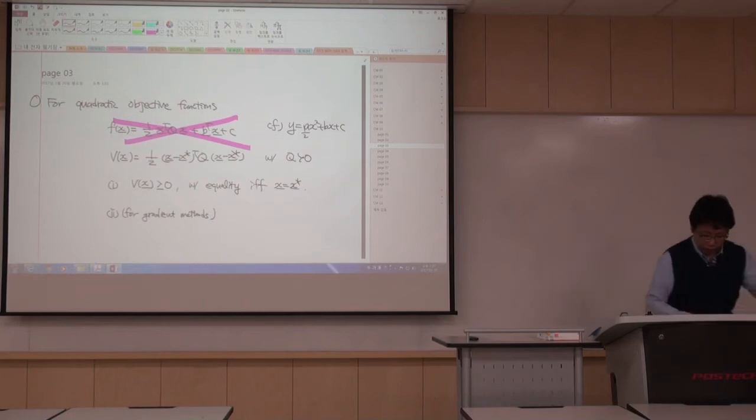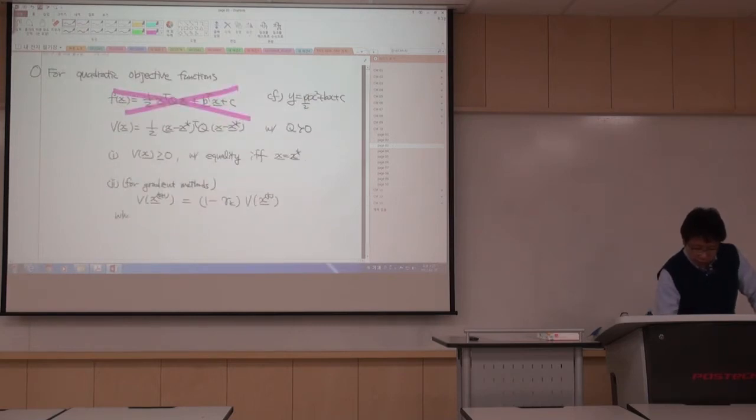Okay. So here, V of x sub k plus 1 equals 1 minus some gamma k times V of x sub k, okay?